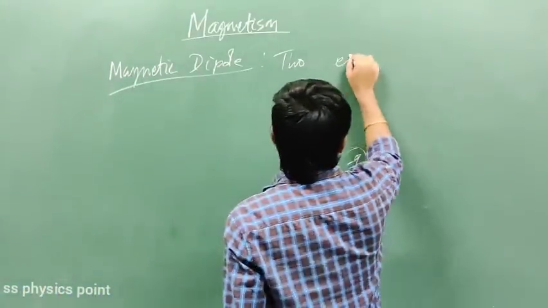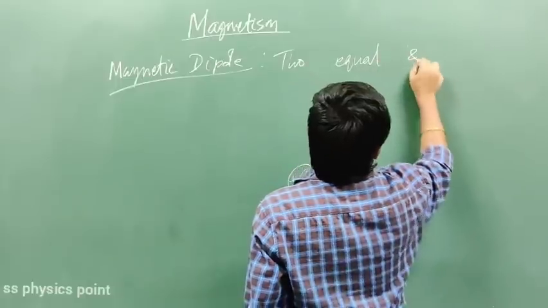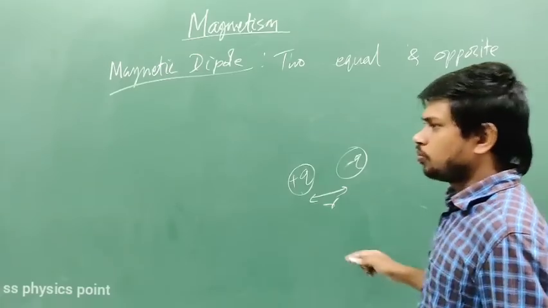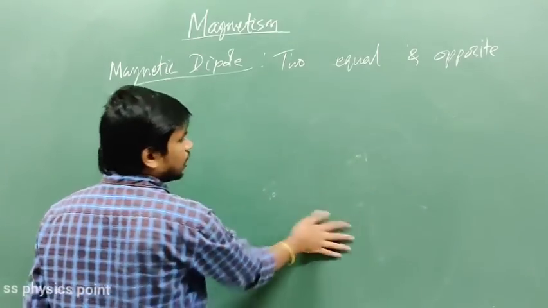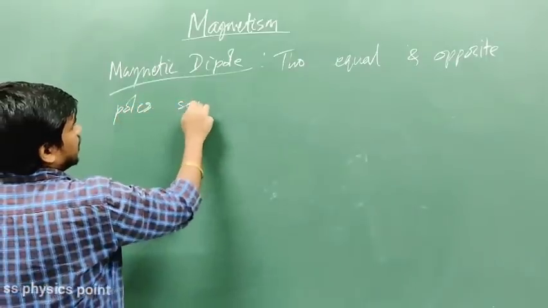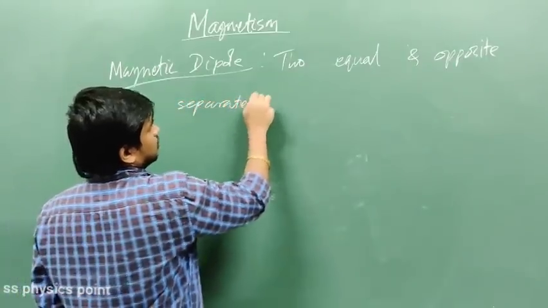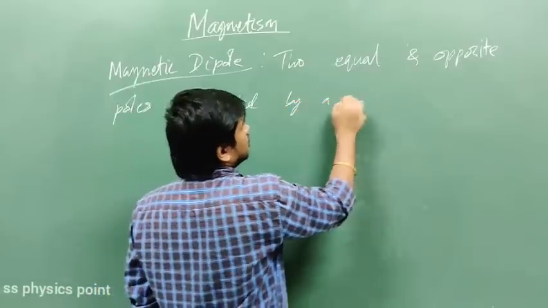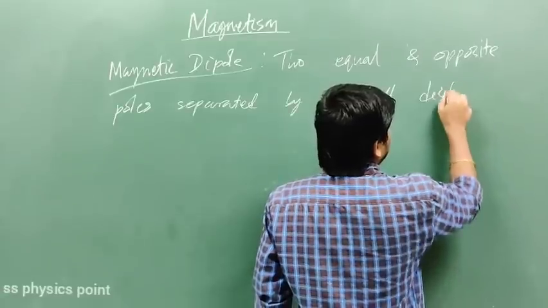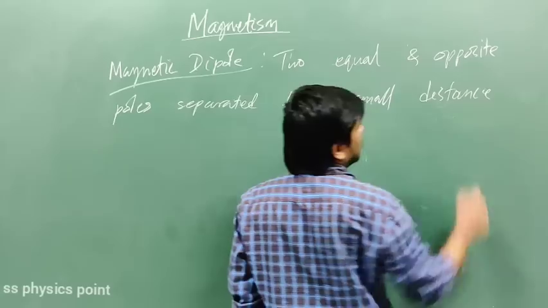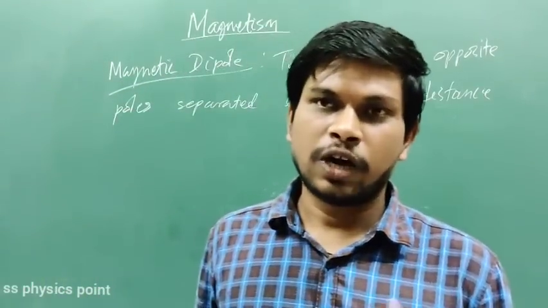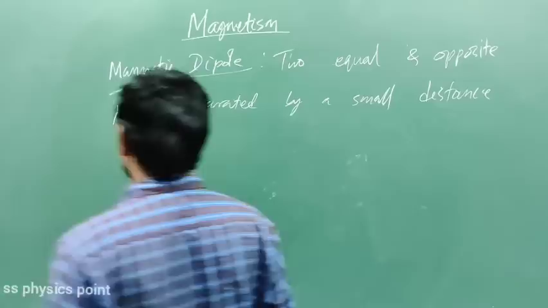Two equal and opposite poles separated by a small distance constitute a magnetic dipole.